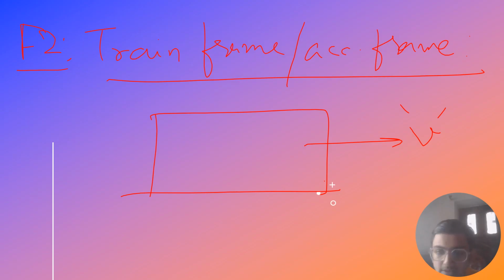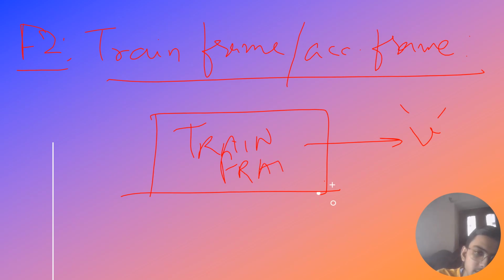We can get the velocity using acceleration and time, so I'm more concerned about velocity here. The train frame is moving with velocity v.